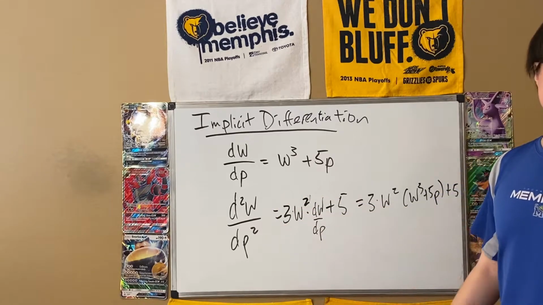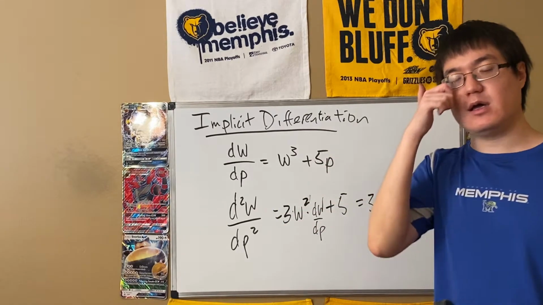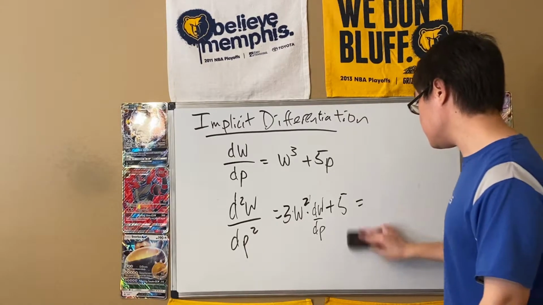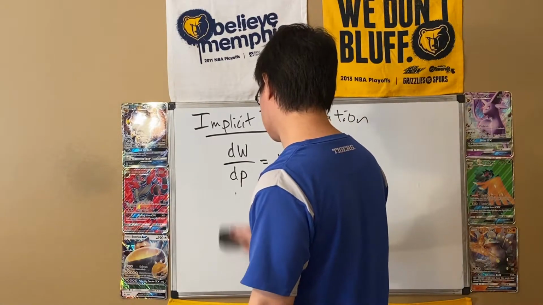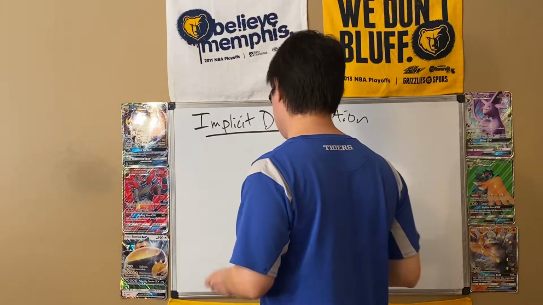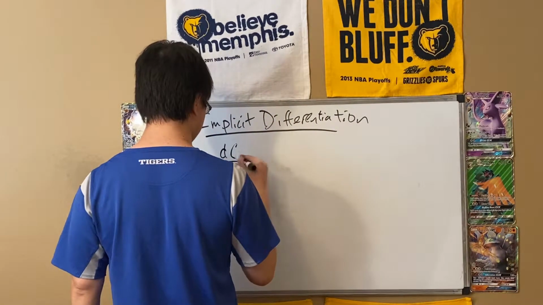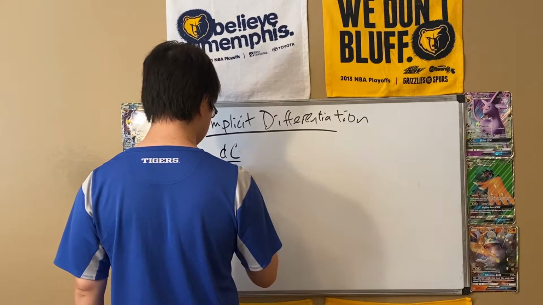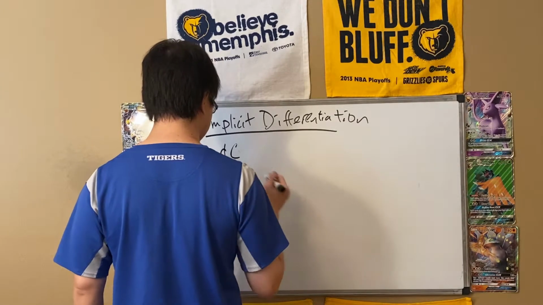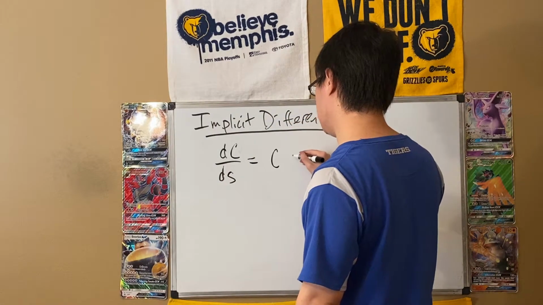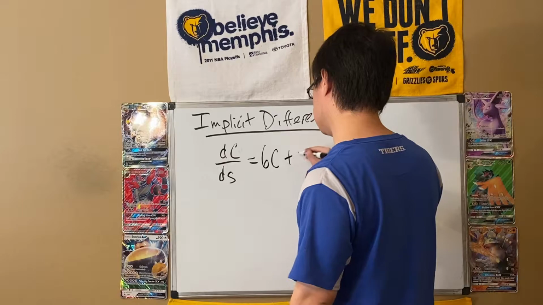So let's do another similar question where we have this sort of idea, and we're going to answer a shape of curves question. So let me erase this. So let's see what we got here. Let's say we can just choose a random letter, c, and then we'll have dc/ds equals 6c plus 2.